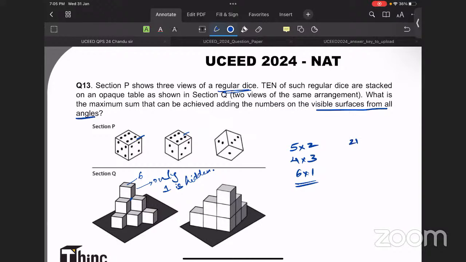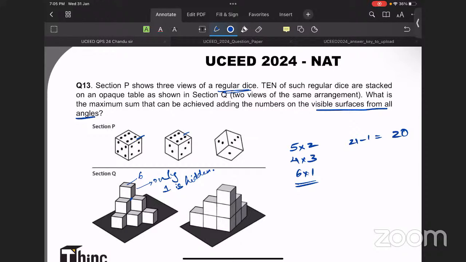Out of the 21, 1 is missing, so you could take the sum as 20 in the first one. Is it right? 5 plus 2 is 7, 7, and 7. So 1 is hidden in the first one. So 20.